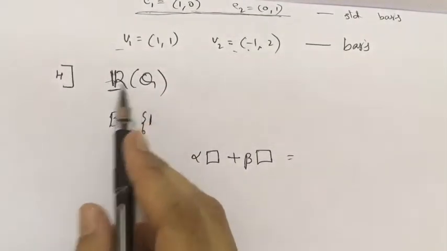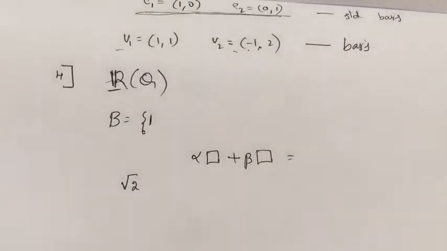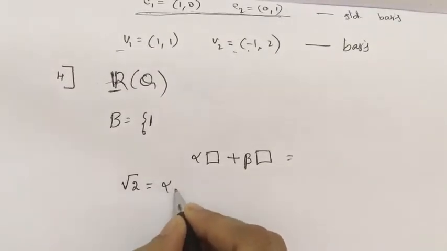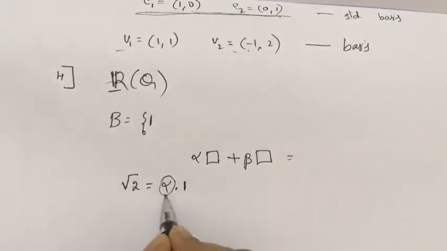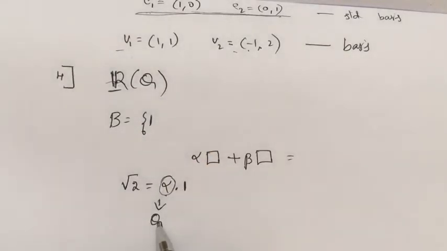Now, suppose I want to have the number, say, root 2. I cannot write root 2 as alpha into 1. If I have to get the value for alpha, that should be from the field Q, right?